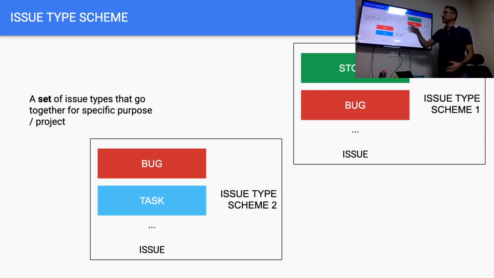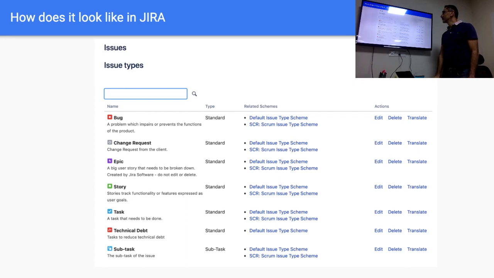So a set of issue types that go together for a specific purpose or a specific project is called an issue type scheme. So issue type scheme 1 could only comprise of stories and bugs. There could be another issue type scheme which would be bugs and tasks, and so on and so forth, depending on what purpose we want to use that issue type scheme for. Is everybody with me? Okay, let's make it more complicated gradually.